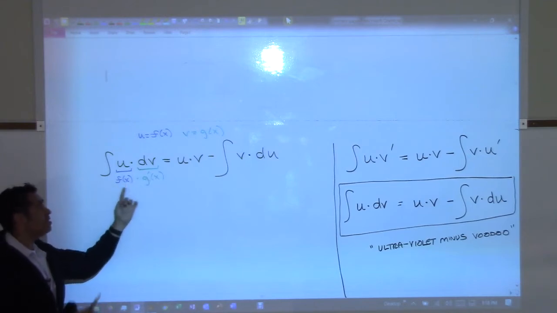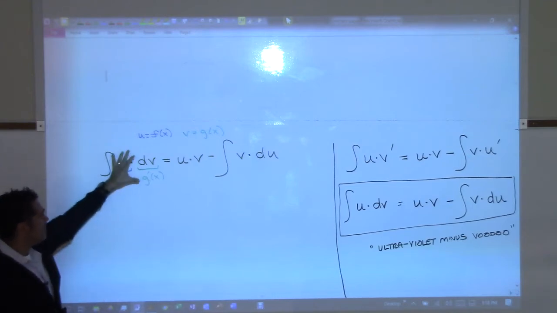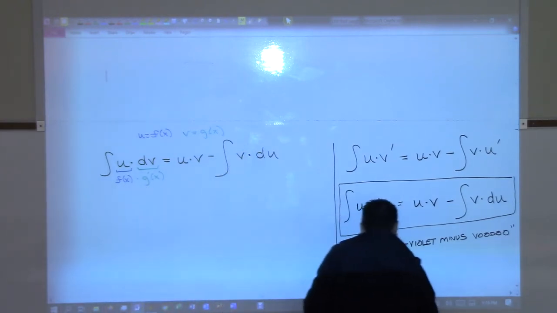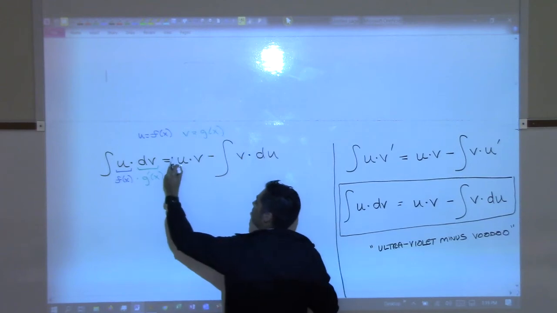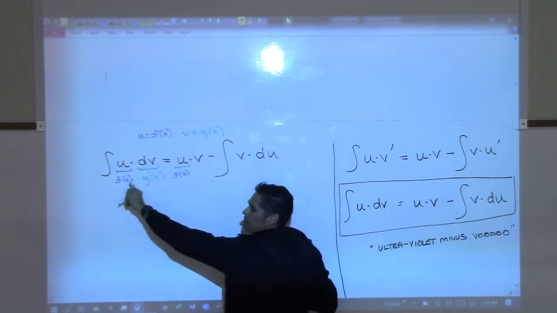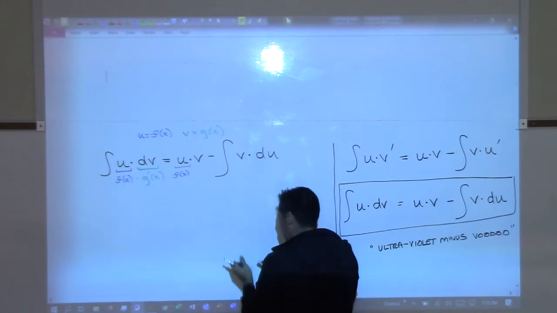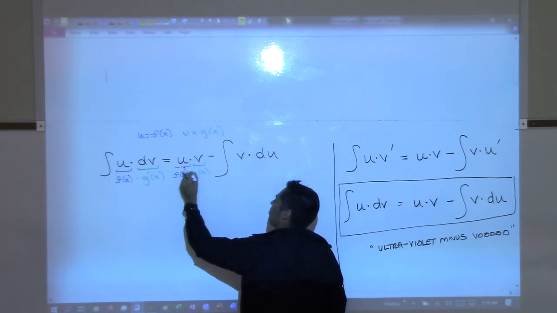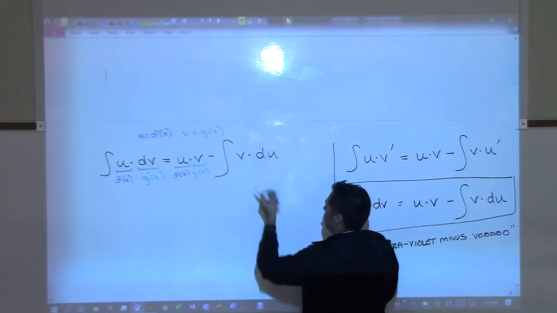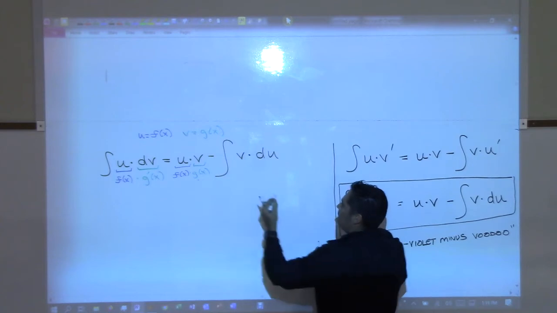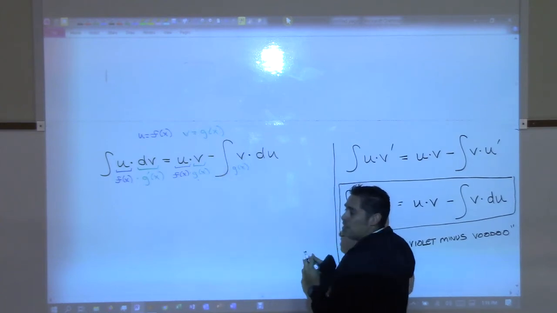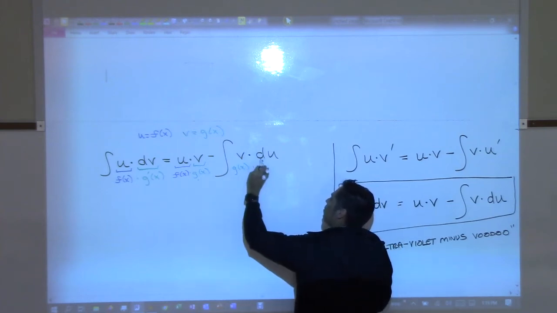This formula allows you to transform this integral into a new integral that will have up front u, which is f of x, just that function, and next to that v, which is g of x. And then over in the new integral, you have v, which is g of x, and next to it du, the derivative of f.